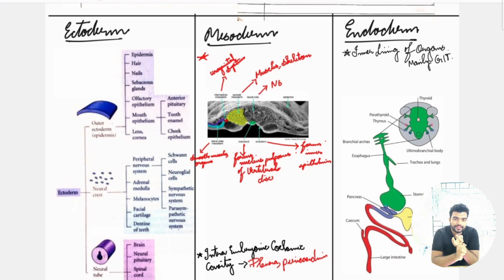So during the formation of the fetus, it has to undergo a step called gastrulation. Okay, so after gastrulation, three main germ layers are formed. These three germ layers you would have heard since the beginning of your 11th, 12th, or even in your school days.